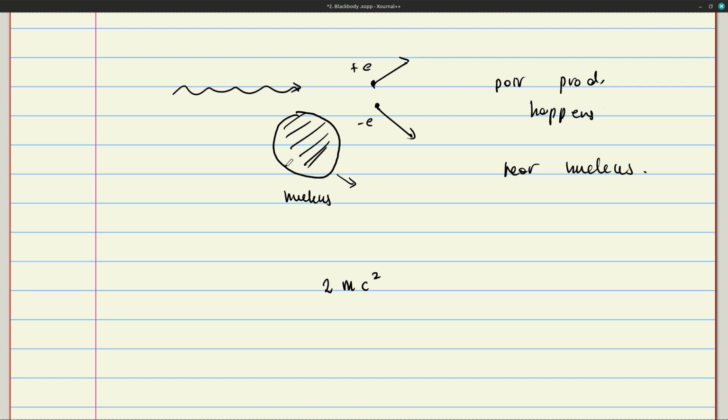So initially we have only a photon. Afterwards we have 2 particles with mass, and this extra energy is the minimum requirement. To be able to create something like this, you need to be able to create the mass, but the mass comes with energy cost, and this energy cost should be equal to photon energy, which is h nu.